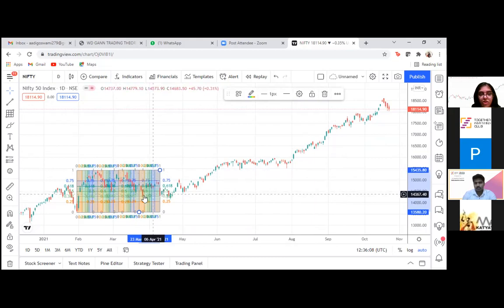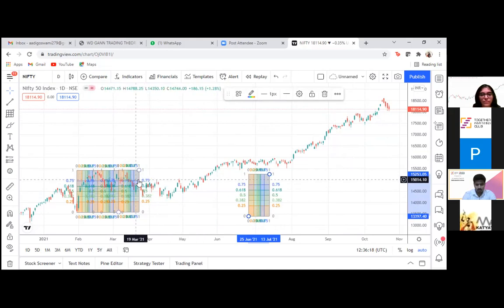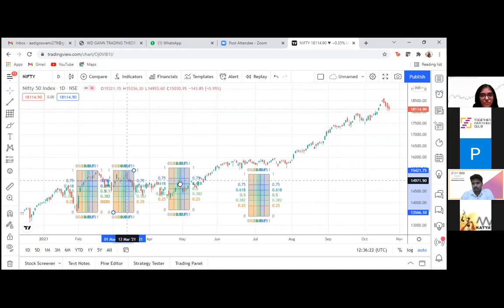So these horizontal lines will now act as support and resistance.